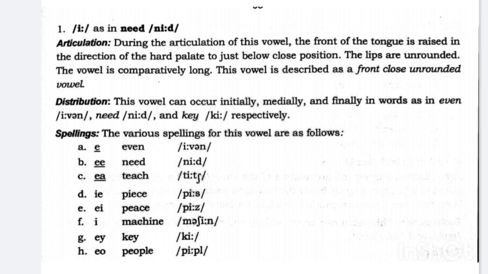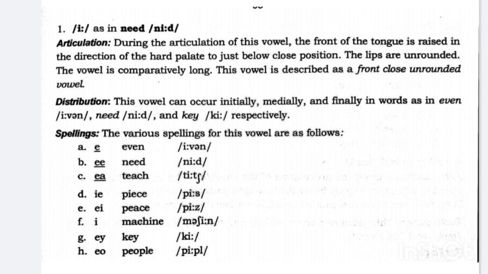In this word, E and A stands for the vowel sound E. There is a mistake over here in this text: it is given as E and I, but it is E and A, which stands for the vowel sound E.